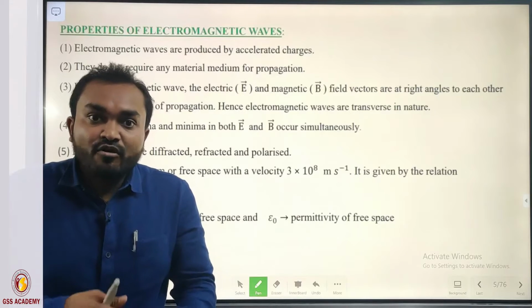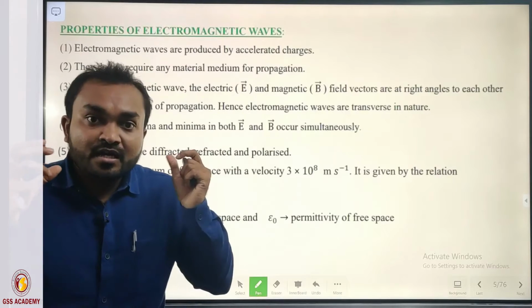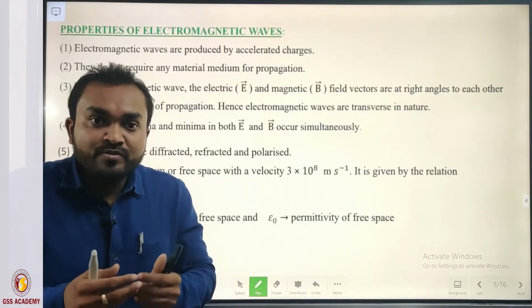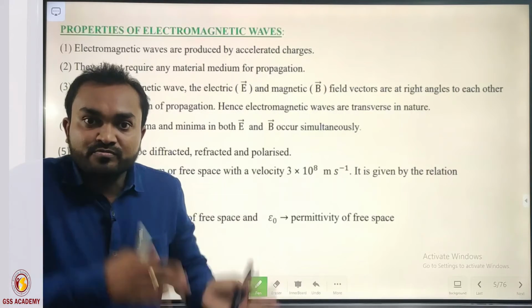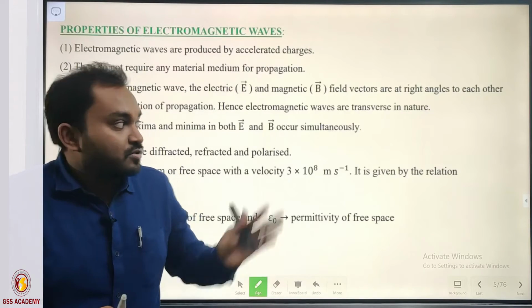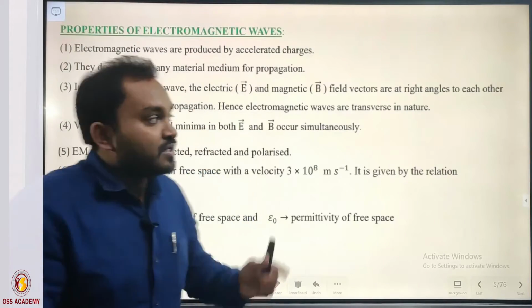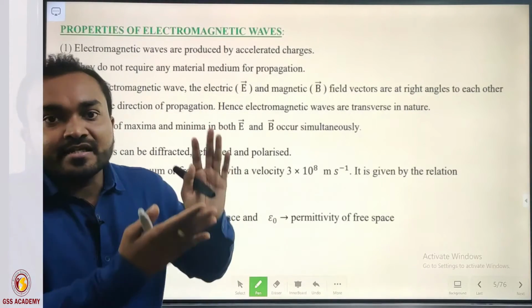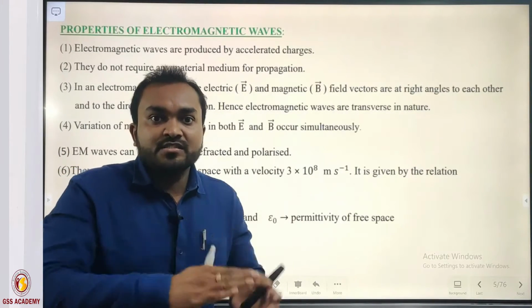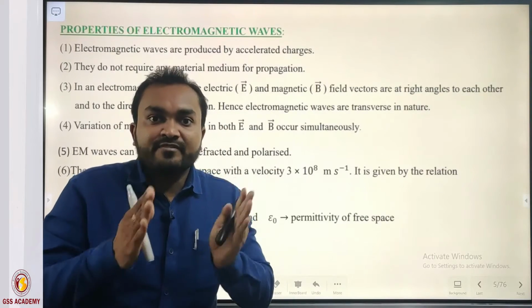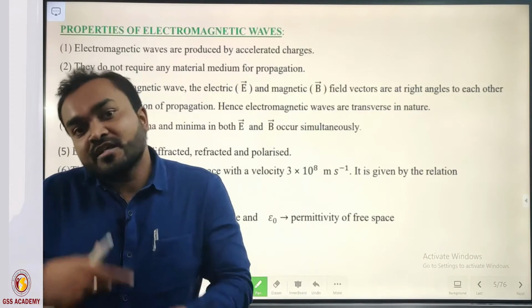In physics you may have read Maxwell's equations, but here I put it in such a way that any layman student who does not know it will also be able to understand them. In the next class I will describe it, but here I will give you a basic idea about the electromagnetic method, the different properties, and the different parameters we need for Maxwell's equations and the electromagnetic method.